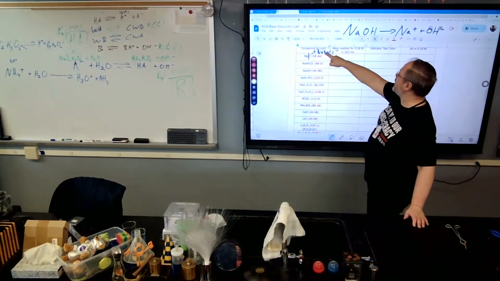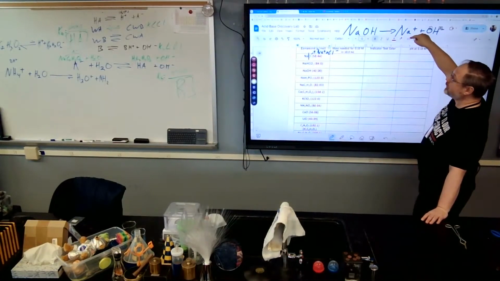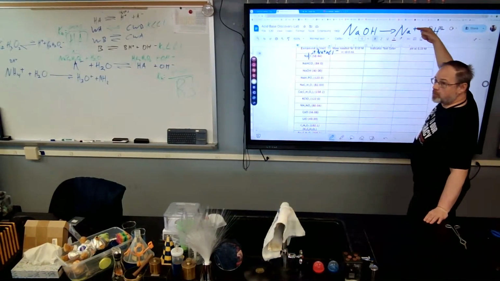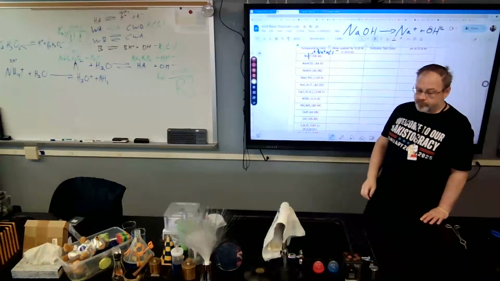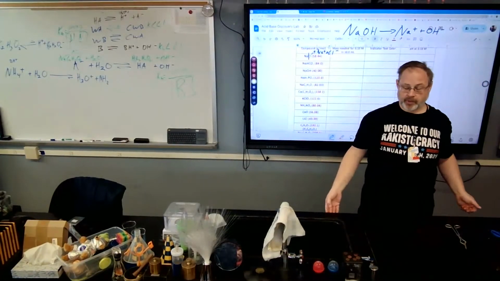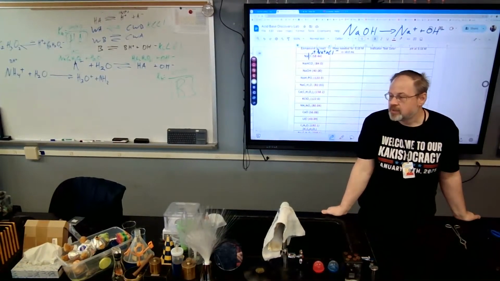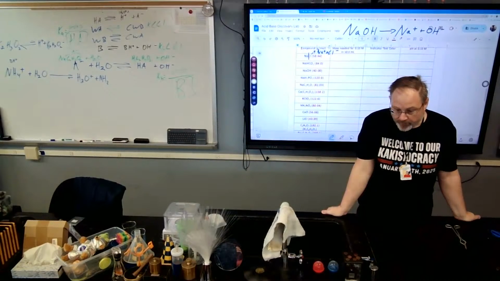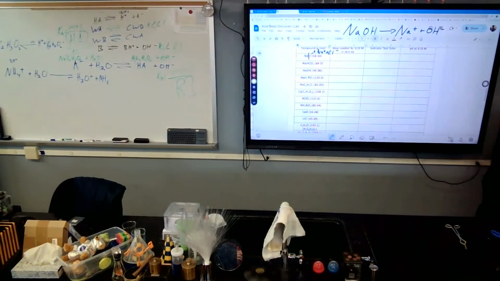So the Na is the conjugate of a strong base, so it cannot form anything. It is neutral. In summary, the conjugate of a strong is neutral. Conjugate of a strong acid, neutral. Conjugate of a strong base, neutral.